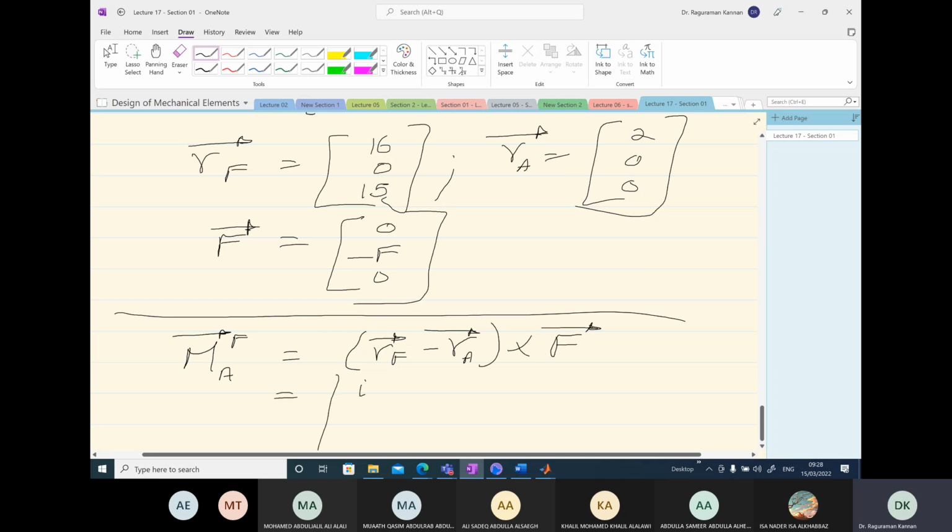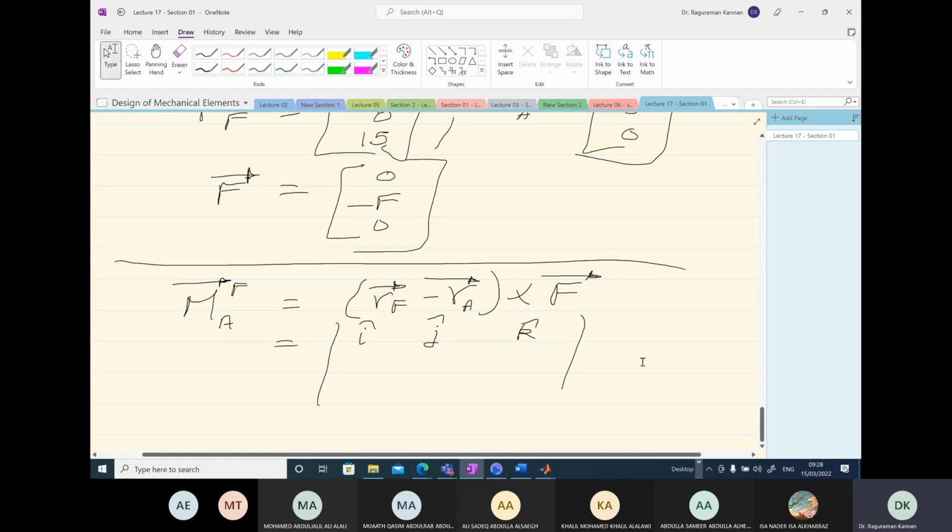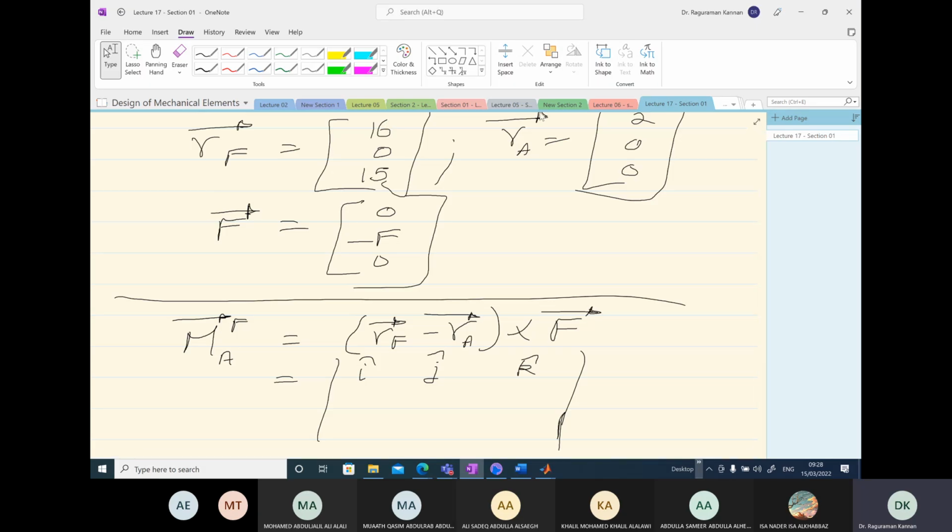And then we write the i, j, k values. What is the second row? The second row is going to be RF minus RA. Subtract these two: 16 minus 2, 14. 0 in the j component, and we have 15.